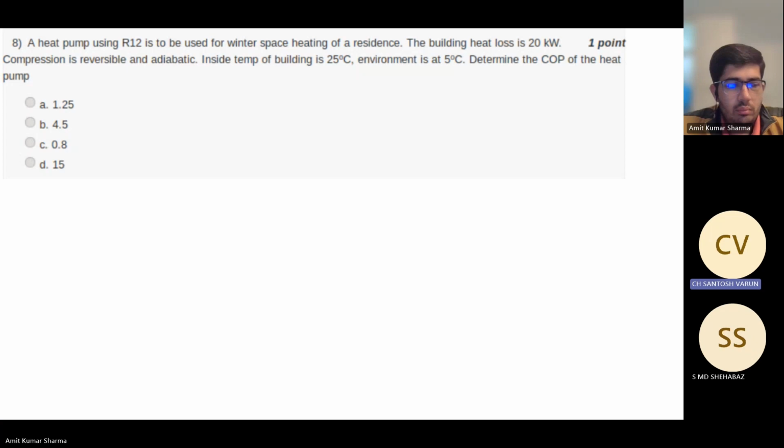So option D, 15 COP. Okay, option D. Let me underline the important points. Compression is reversible and adiabatic.